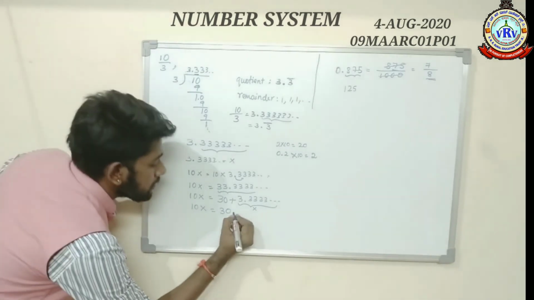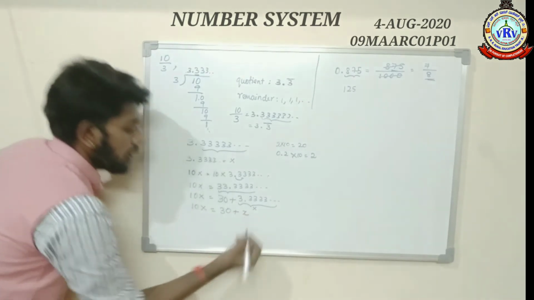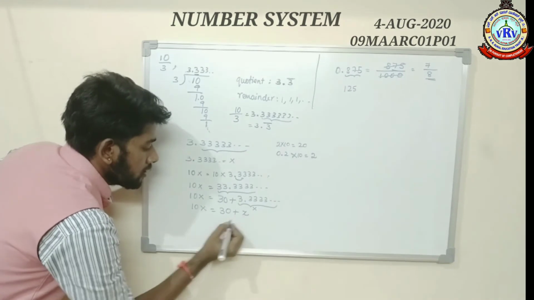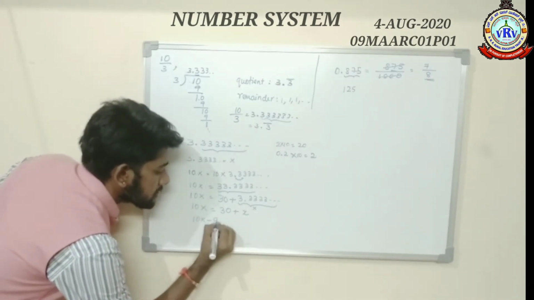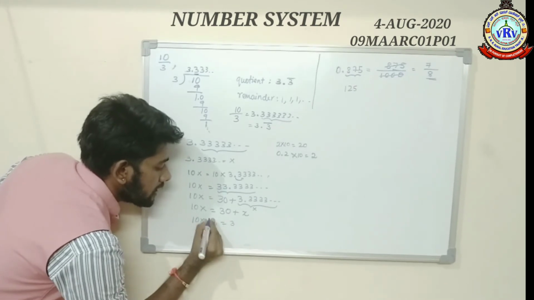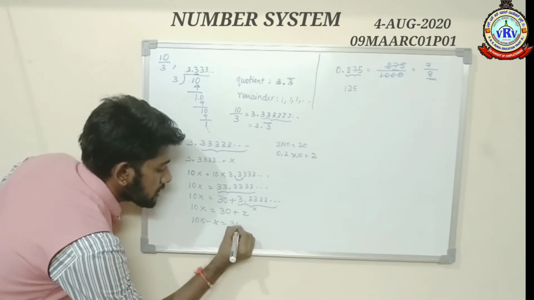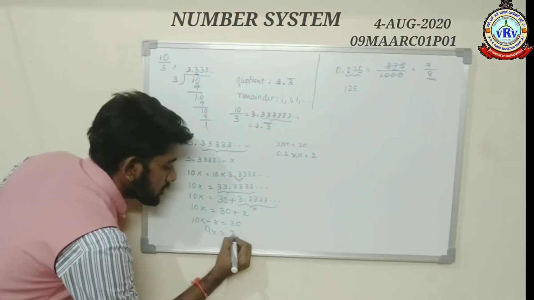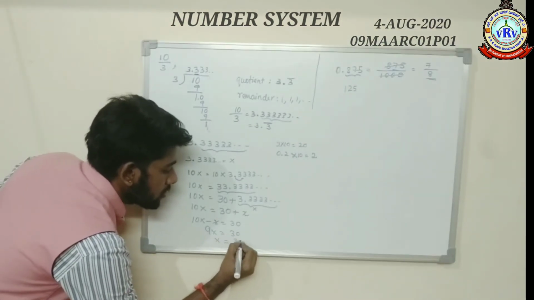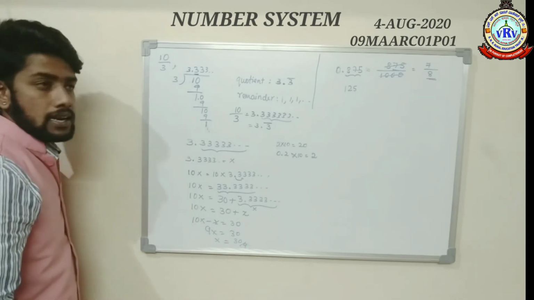So 10x becomes 30 plus x, or if I shift x to the left hand side, it becomes 10x minus x is equal to 30. 10x minus x is 9x, which is equal to 30, or x is equal to 30 divided by 9.